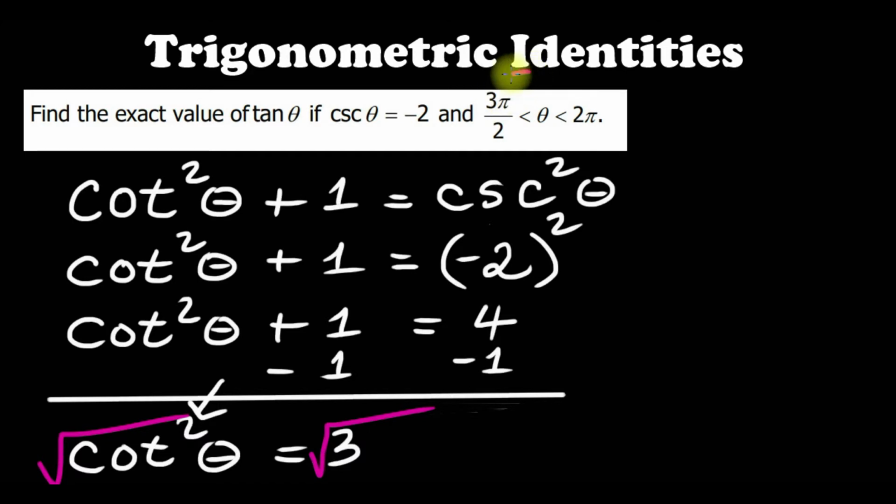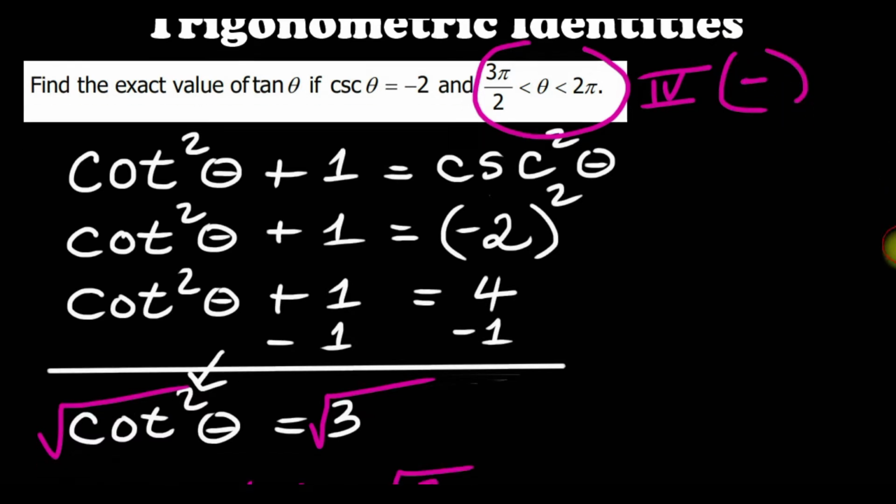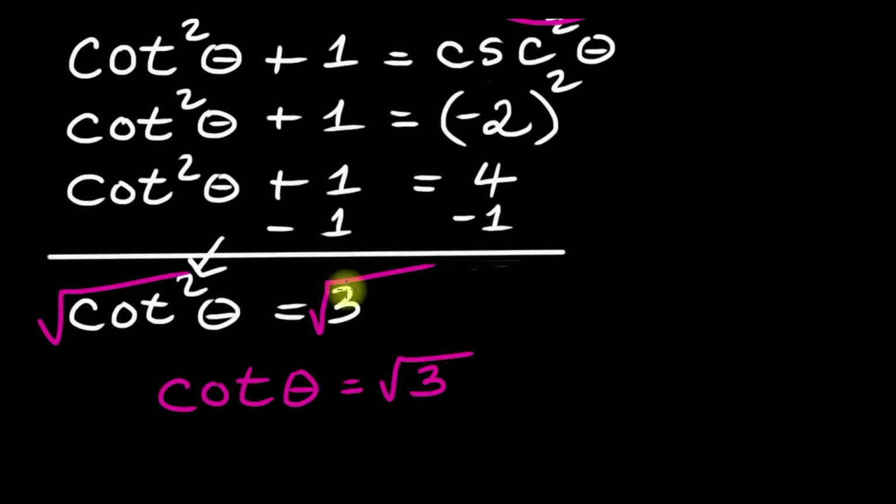What quadrant is theta in? This is in quadrant 4. And in quadrant 4, cotangent is negative. So then we make this a negative number. So cotangent theta is negative square root of 3.